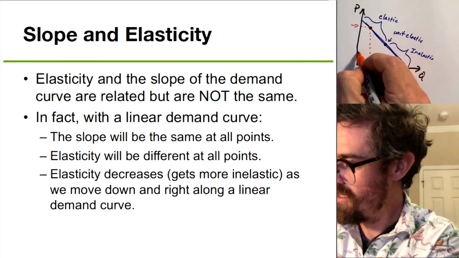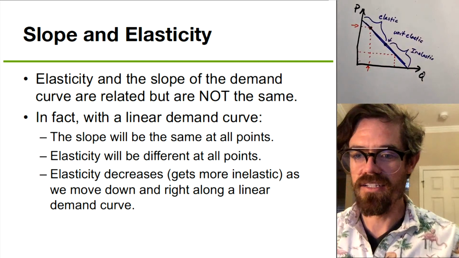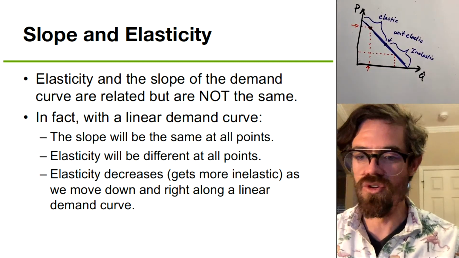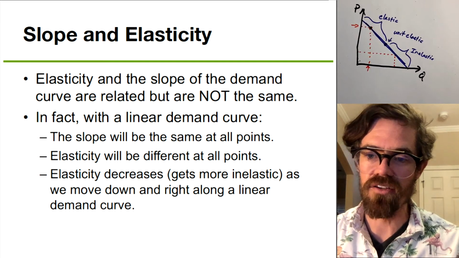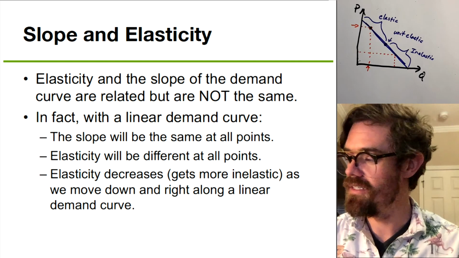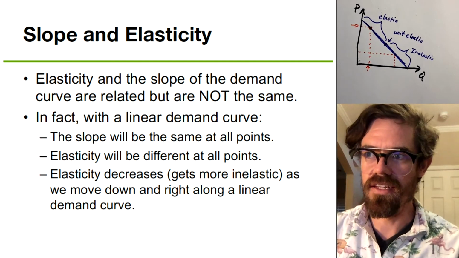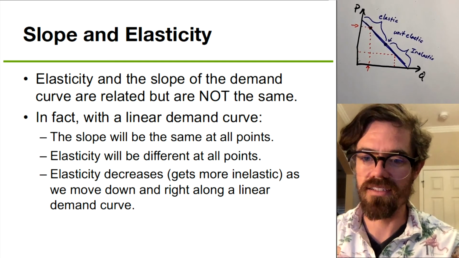Whereas in this region, price is relatively small compared to quantity, and so the numerator ends up being smaller than the denominator, and you get a value of something less than 1, and so you're in the inelastic region. But you don't really need to know that, I guess, but hopefully that helps you understand why that's the case.